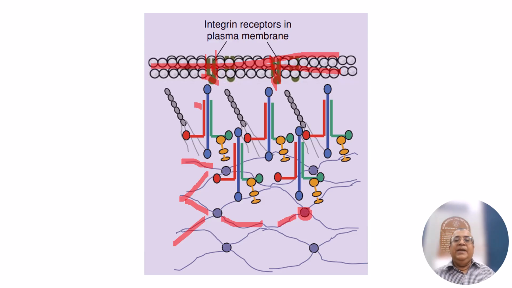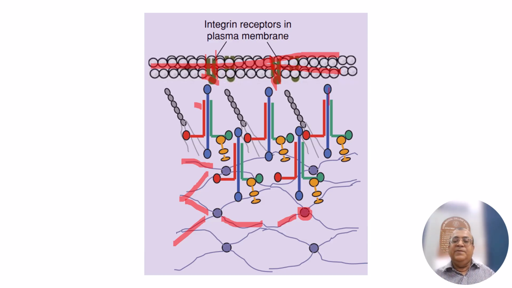Integrins are bidirectional transducers, relaying signals from the extracellular milieu to the cell, which is outside-in signaling, and from the cell to the extracellular matrix or milieu, which is inside-out signaling. They are responsible for both, and this connection is essential for cell adhesion, migration, and tissue repair.